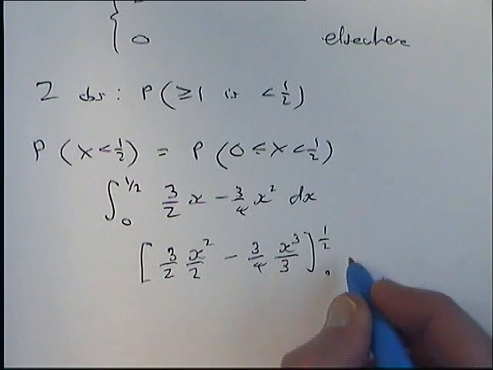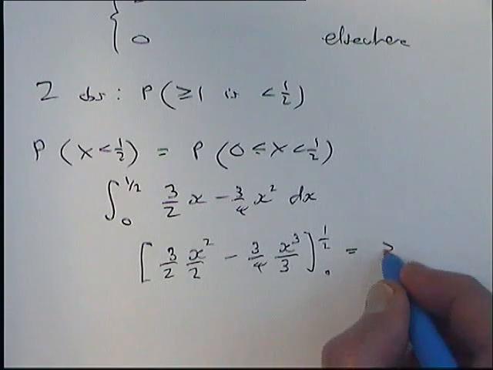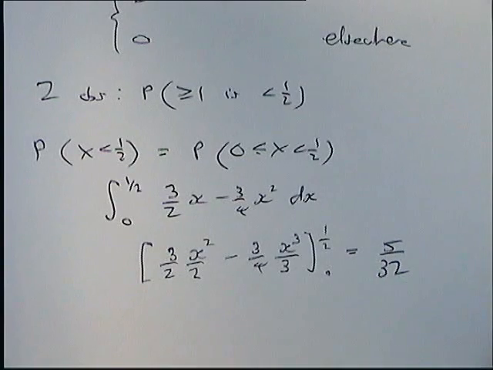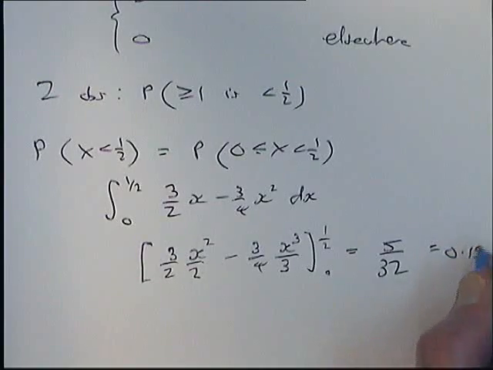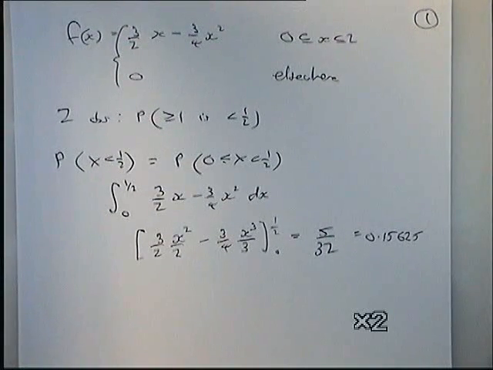If you put those limits in, I'm going to go back to Rory. He's probably tapped a few buttons on his calculator. 5 over 32. That's what Rory's got from doing it on his calculator. If anybody wants it as a decimal, it's 0.15625, and that's correct.